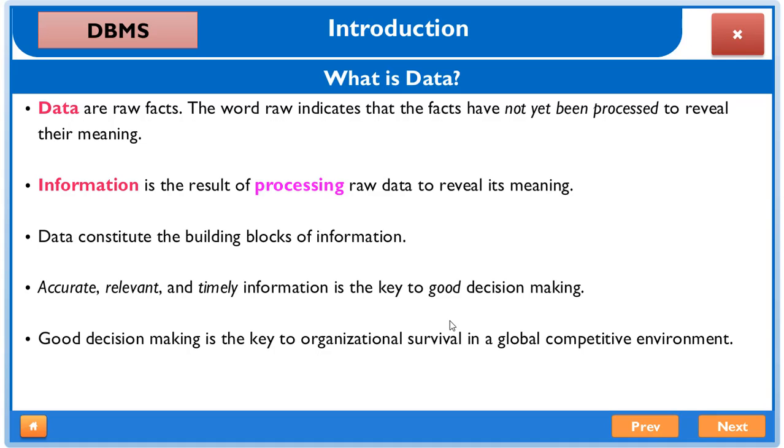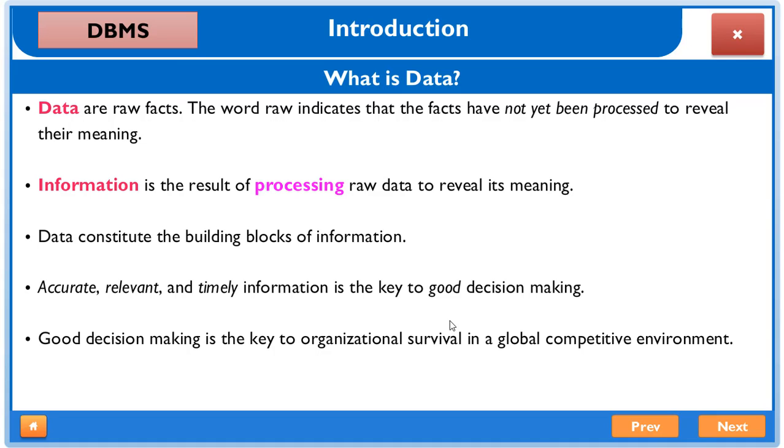Similarly, if you are an employee, then your name, your date of joining, your designation, your salary, all are data about you. So data are not something we don't know. Data are raw facts.